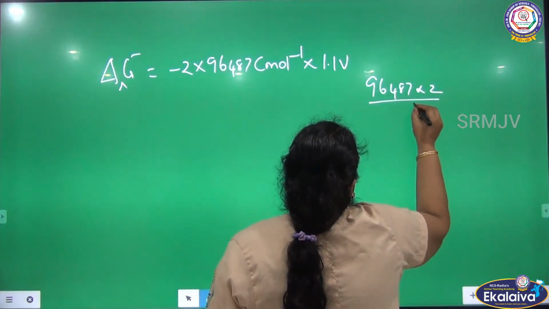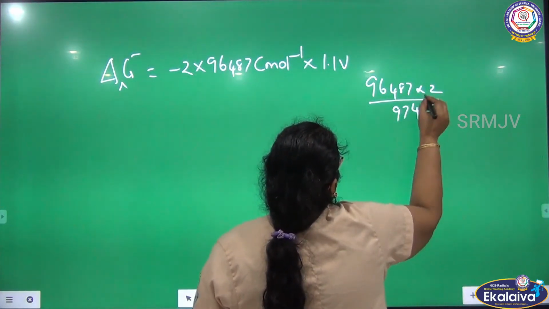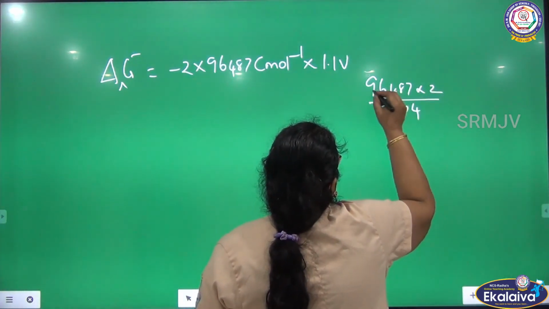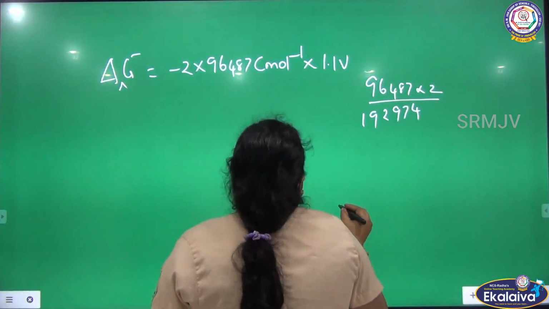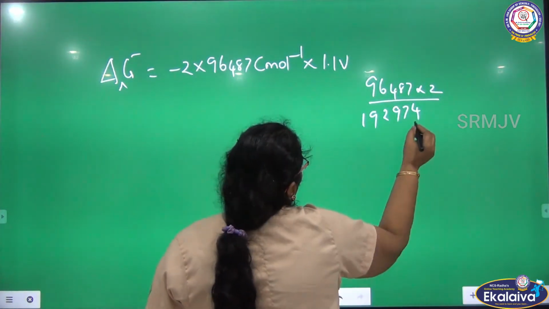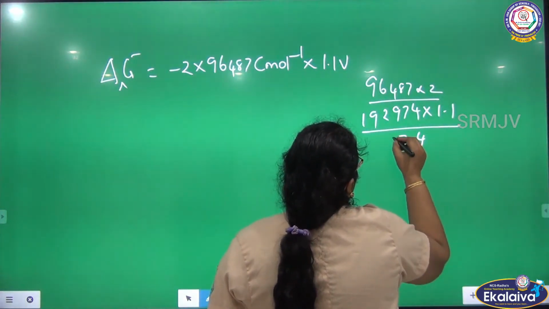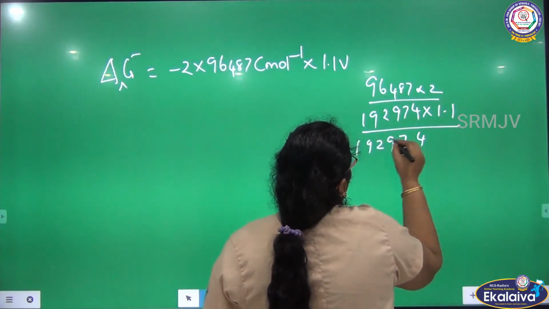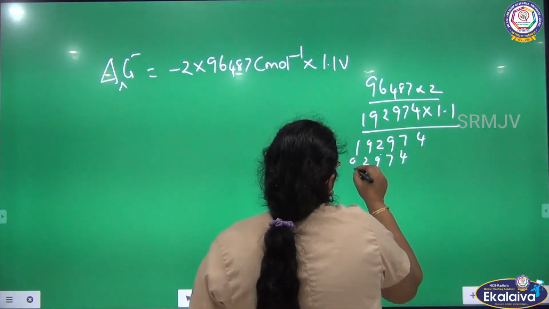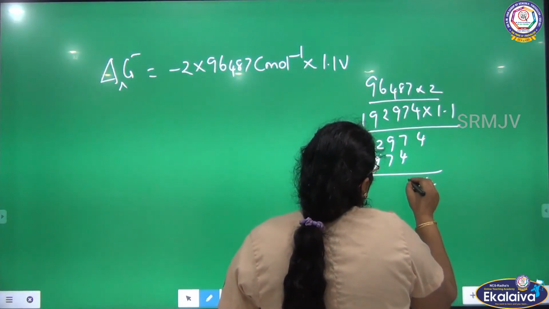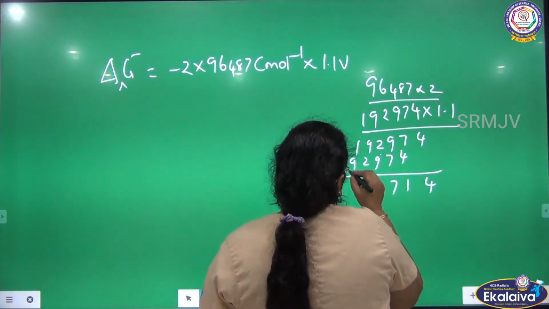You will be getting 212271.4 after adding.